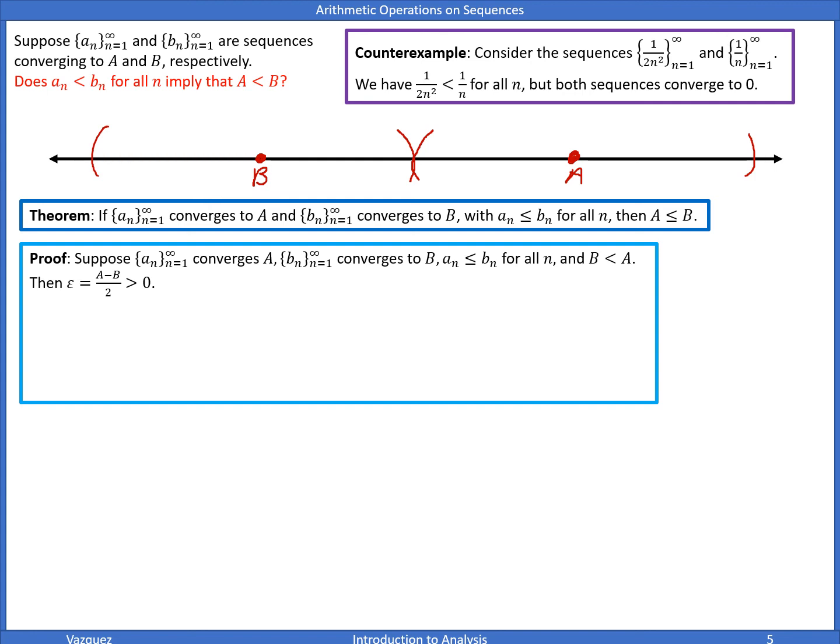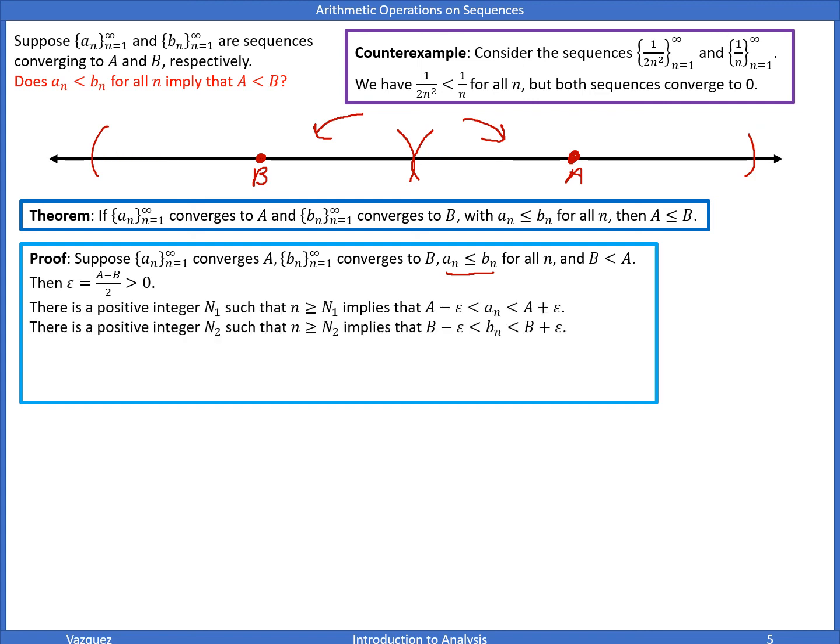And if this helps, you can already see how the contradiction is going to work. Because all but finitely many terms of an should be in this neighborhood over here, and all but finitely many terms of bn should be in this neighborhood over here. So we're going to see how this works. First off, there's a positive integer n1 such that all the terms of an, which I'm going to put in green, and bn in blue, are in the neighborhood.